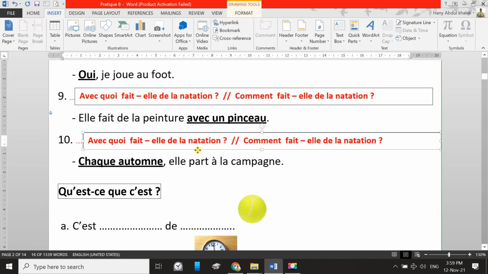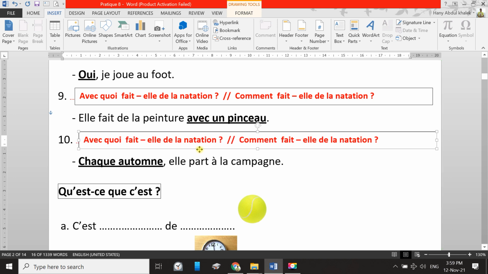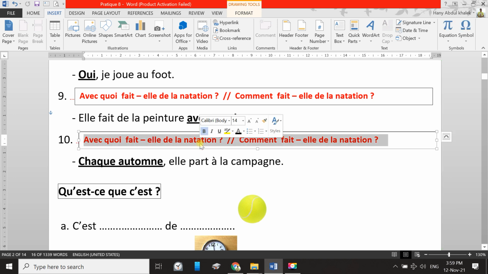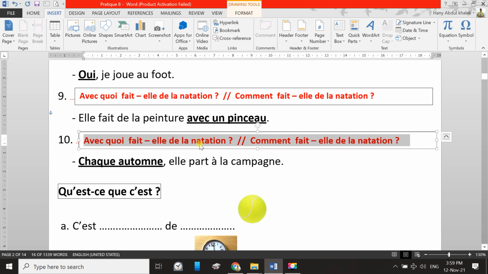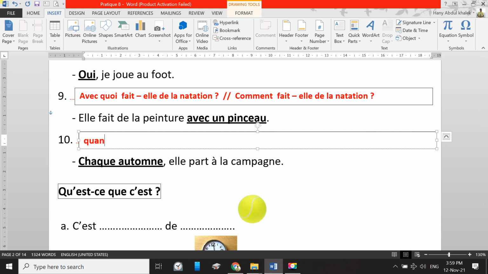So here, instead of chaque automne, autumn here is the season, we can use quand. Okay, elle part à la campagne. Elle part à la campagne. So here, où part-elle à la campagne?